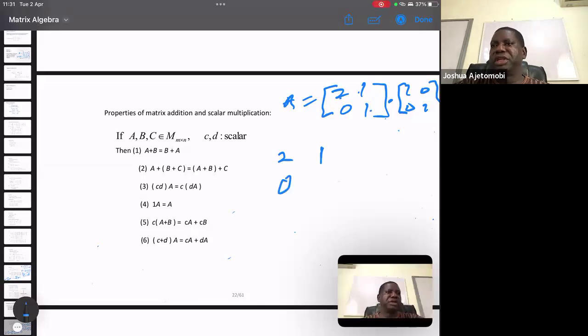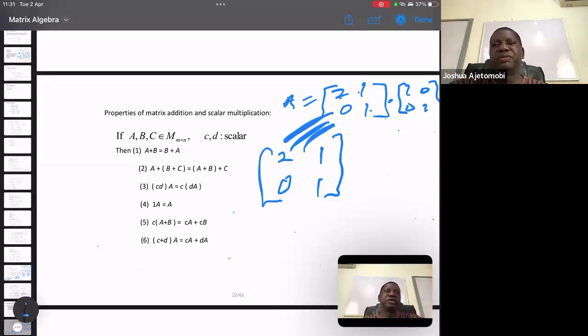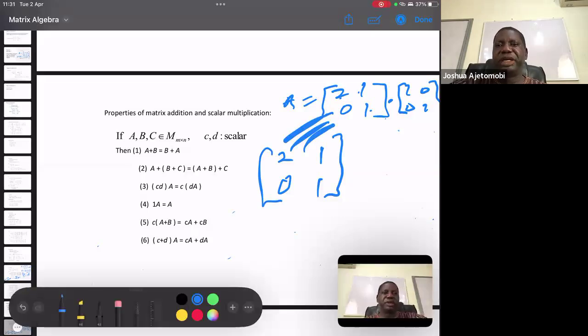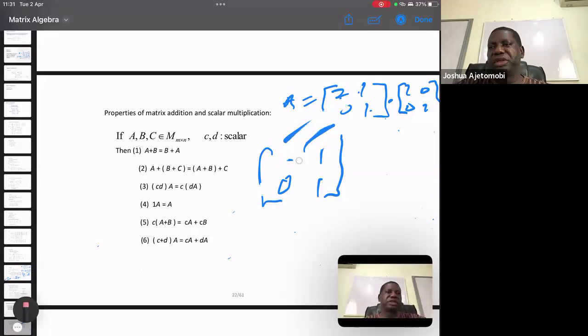And this will give us 0 plus 1 multiplied by 1. You can see it's equivalent to our original matrix. So when you multiply any matrix by identity matrix, you're 100% sure that the result will be the original matrix. That's super straightforward.